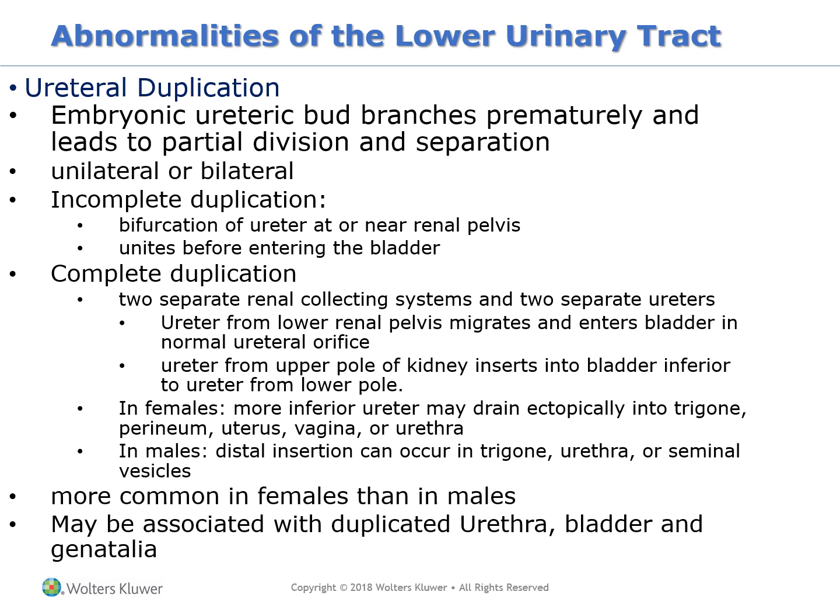Now, what they typically see is that a ureter from the lower renal pelvis will actually migrate and enter the bladder into the normal ureteral orifice there at the left or right trigone, depending on the side it's at. And then the ureter from the upper pole usually inserts into the bladder inferior to the ureter of the lower pole. So kind of interesting.